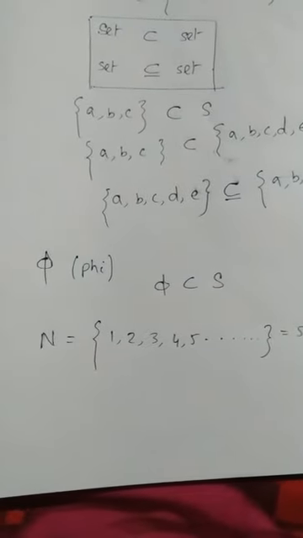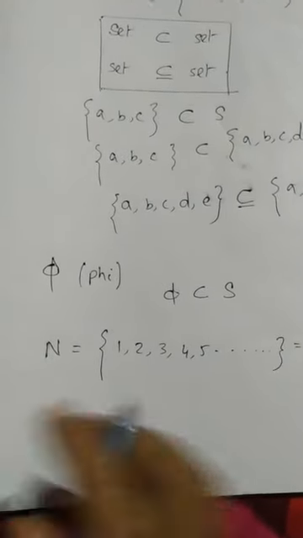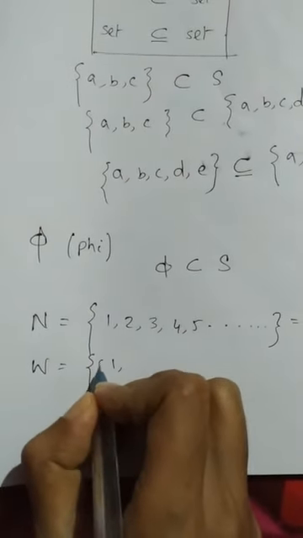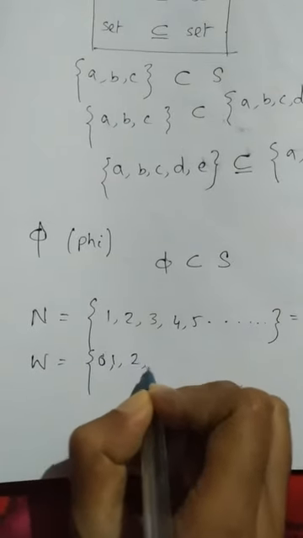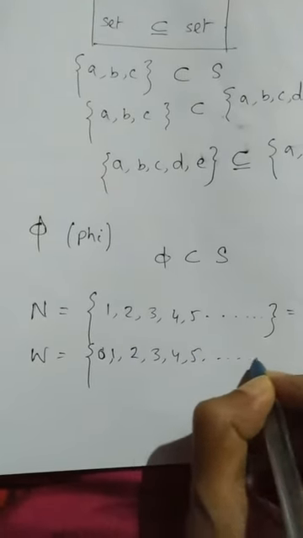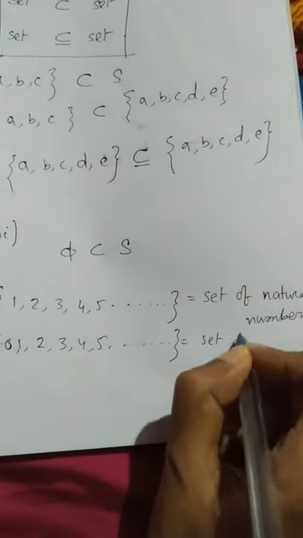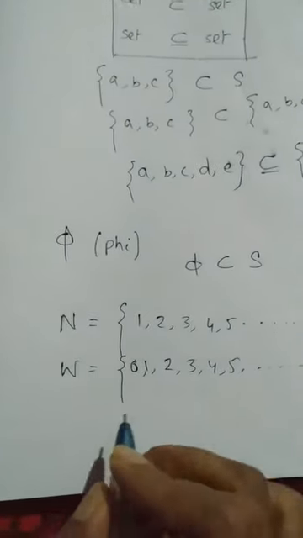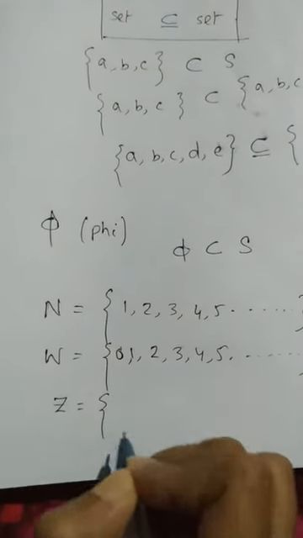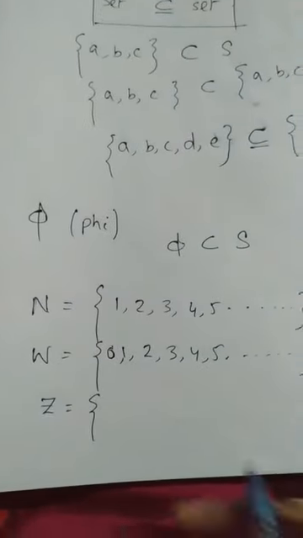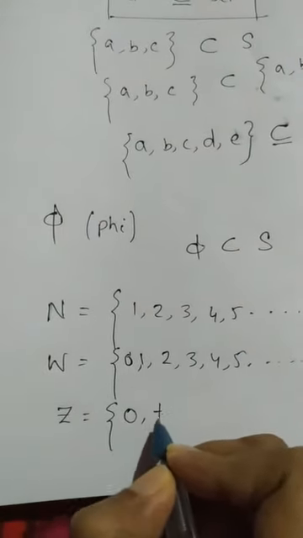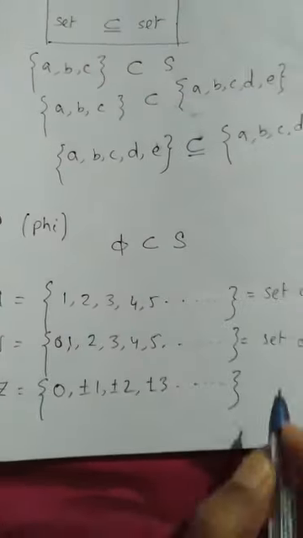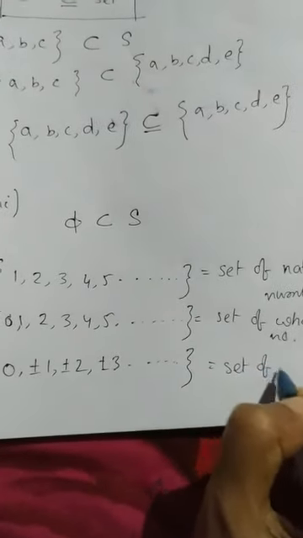Now if I write whole numbers, then W stands for whole numbers: 0, 1, 2, 3, 4, 5 up to infinity. It is the set of whole numbers. Again, if I write Z, it is nothing but the set of all integers. So integers are, we know, 0, plus minus 1, plus minus 2, plus minus 3, like this up to infinity. So it is the set of integers.